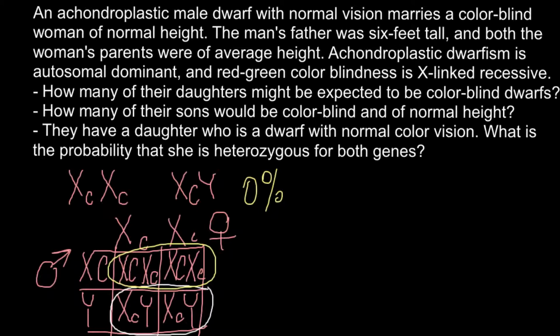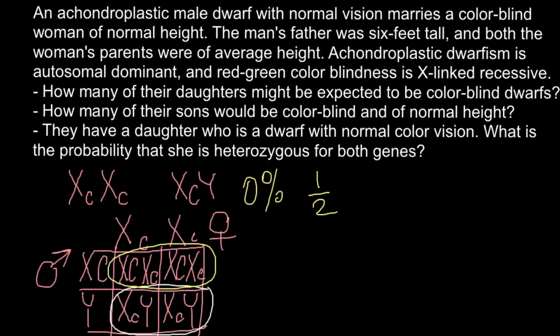As you see, 100% of the males would be colorblind, and 50% of them would be of normal height. So the answer to the second question would be 1/2. So 1/2 of the sons would be colorblind and dwarf, and 1/2 would be colorblind and normal height.